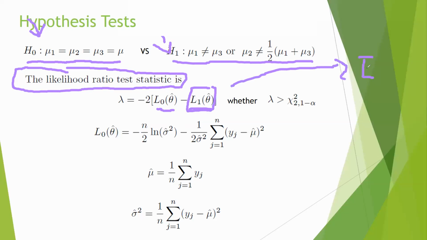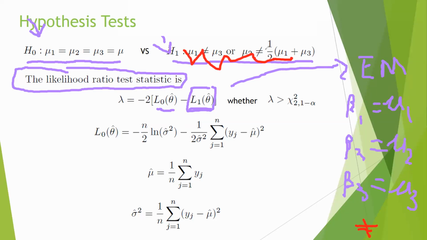If we assume this locus is associated with the phenotype, we should be able to estimate three different parameters, mu1, mu2 for the second genotype, and mu3, and they are not equal to each other.